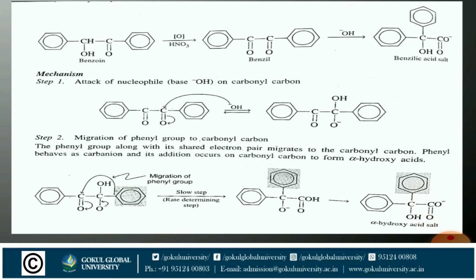That's why this rearrangement is known as the benzil to benzilic acid rearrangement, because the starting material is benzil and the final product is benzilic acid. So a very simple mechanism of benzilic acid rearrangement. Hope you understand very well.